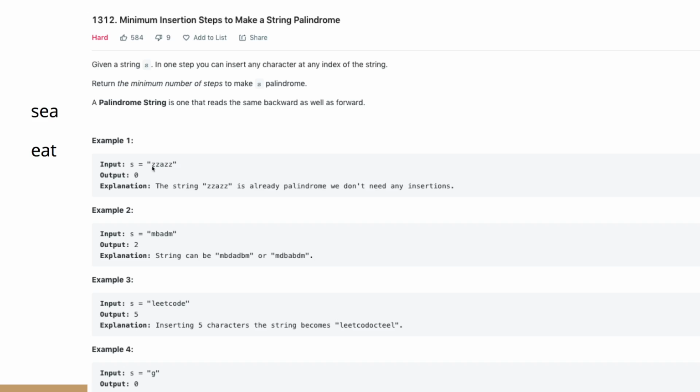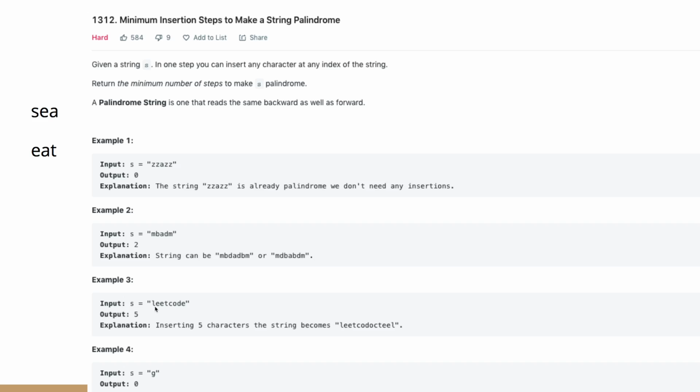That's the case when they are equal. But what about when they are different? O is right here, E is right here. In this case, we can also shift. We can increment i by checking if this part can form a palindrome or not, by ignoring the L.